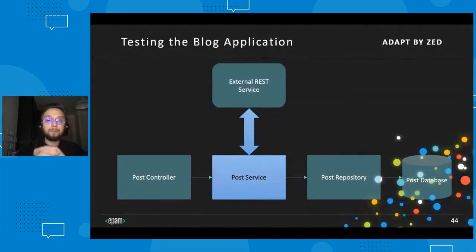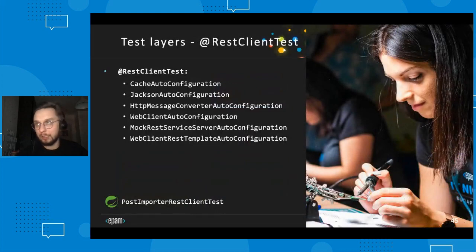Well, if you write an application, it will definitely communicate with other applications as well. For example, it is a very popular way of communicating with an external application using REST API. So your application exposes some API using REST controllers, but it could also consume the API of some external applications.